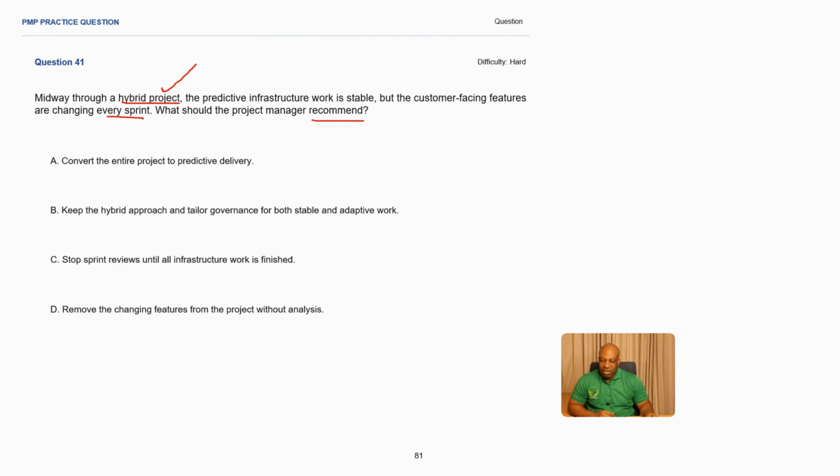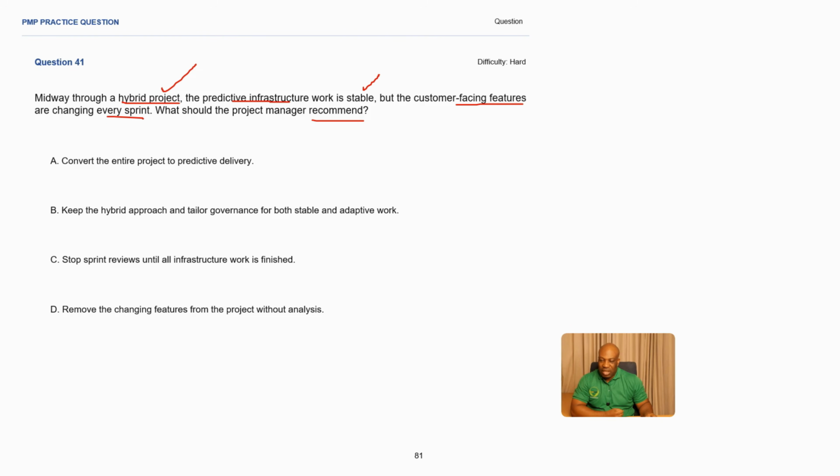The predictive infrastructure work is stable, but the customer-facing features are changing every sprint. What should the project manager do? So it's a hybrid where we have stability in terms of predictive infrastructure, and then customer-facing features changing every sprint. All right, so that's the agile part of it.